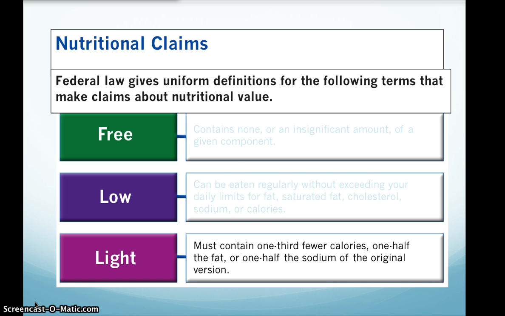That must contain 1/3 fewer calories, 1/2 the fat, or 1/2 the sodium of the original version. So a lot of times in the foods that we're eating right now, we're going to see free, low, and light. It's really important that we understand that at the end of the day, when it comes to controlling weight, managing weight, it's all about calories.